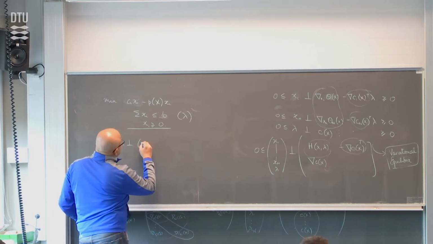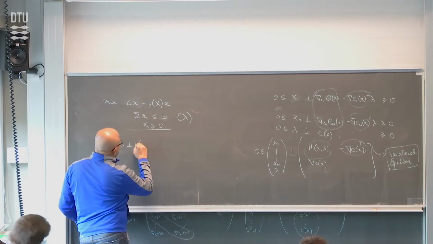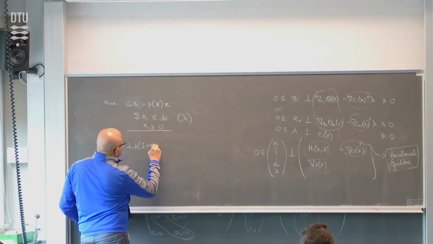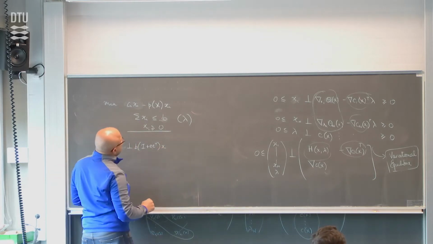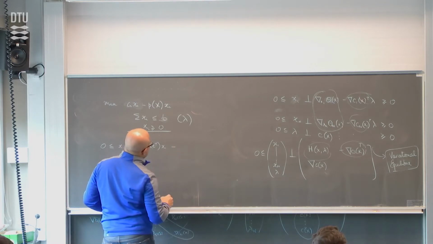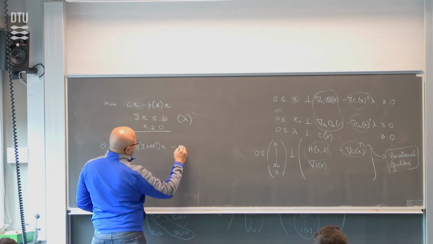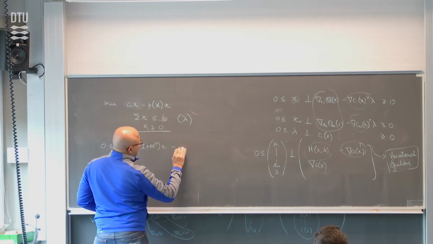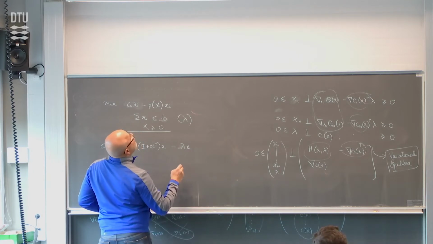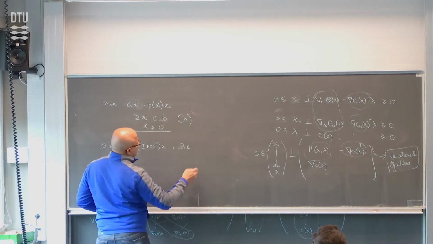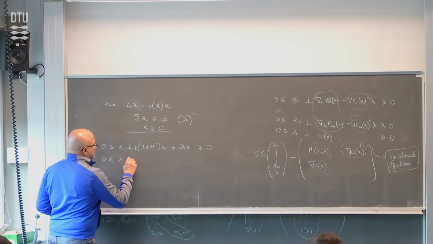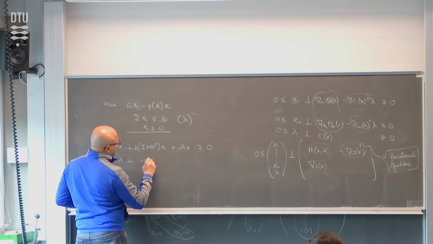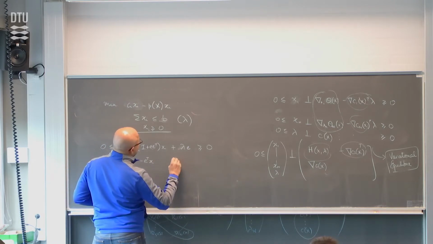So you get I plus E transpose times x, plus lambda times E, and this is lambda times minus E transpose x plus b.